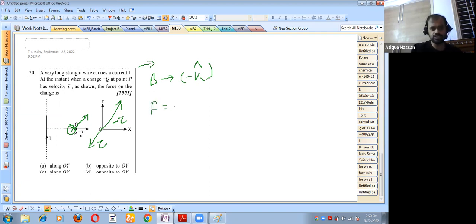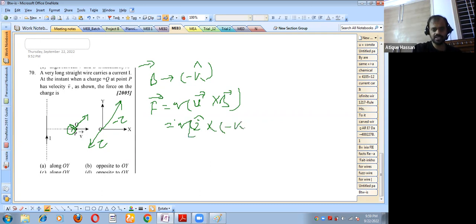We know that force is Q into V cross B, right? Here V is along X direction, and B is along minus K direction.